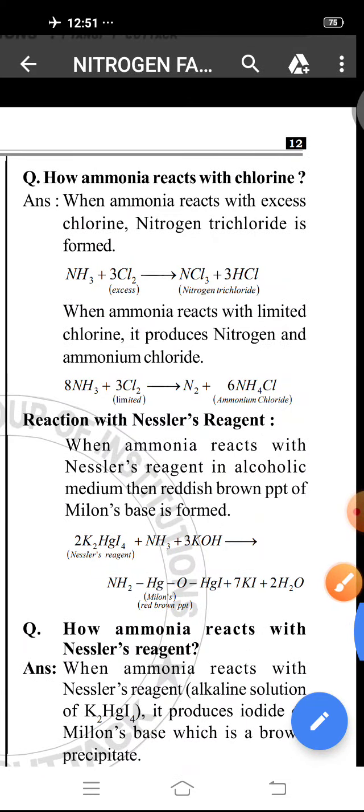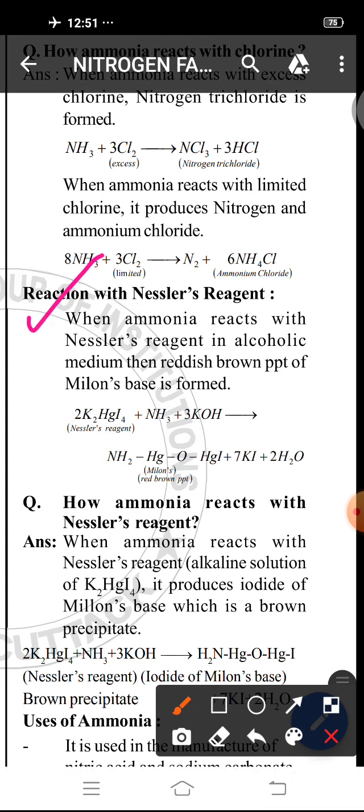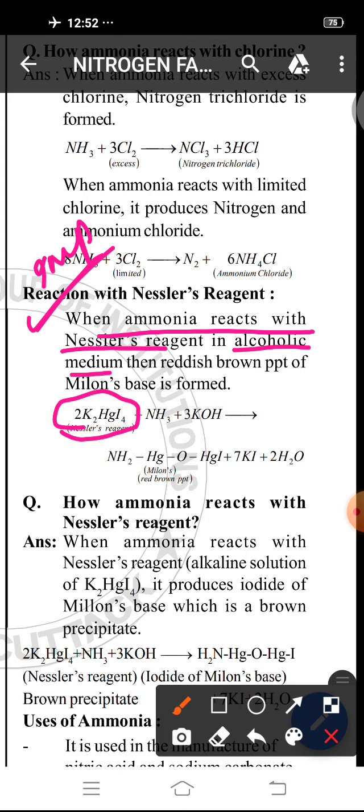Next, reaction with Nessler's reagent. This is an important reaction. By this reaction, we also detect the ammonium radical in practical.